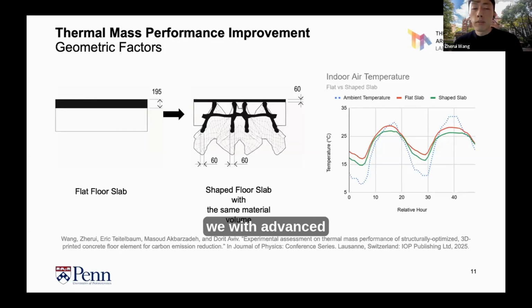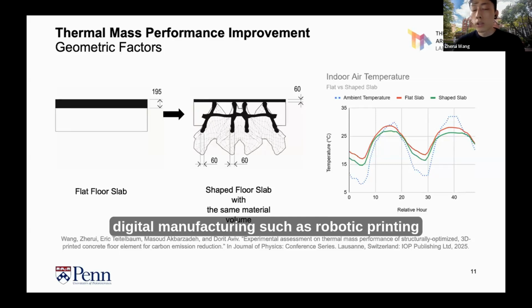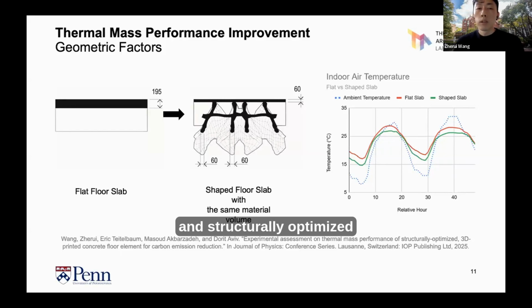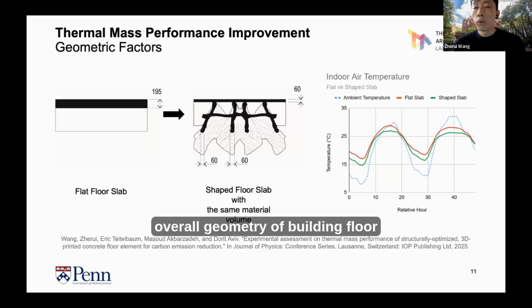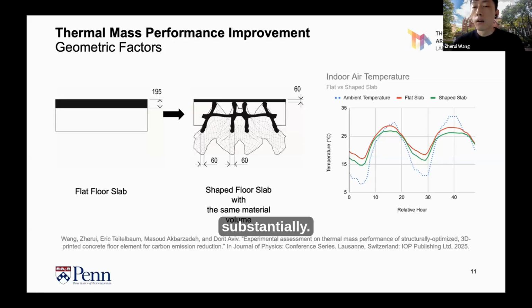However, with advanced digital manufacturing, such as robotic printing and structurally optimized floor systems, we can shape the cross-section and the overall geometry of the building floor to use the same or even less material, but expose the material to the ambient air much more. It turned out that this will help us reduce the daily indoor peak temperature substantially.